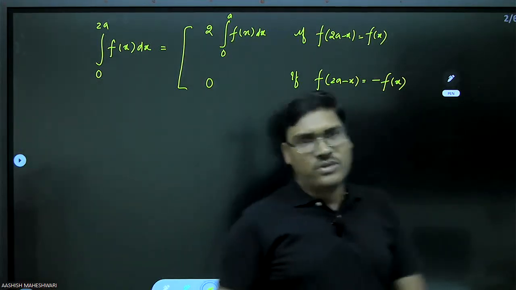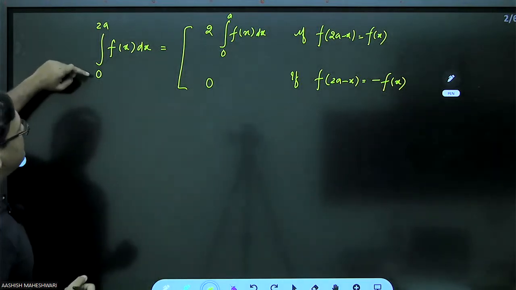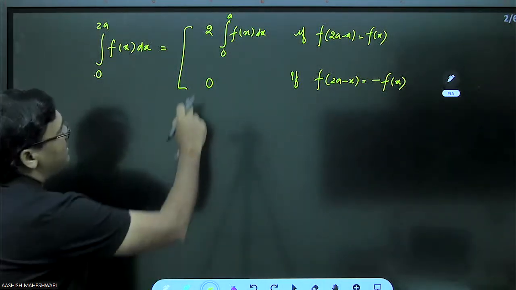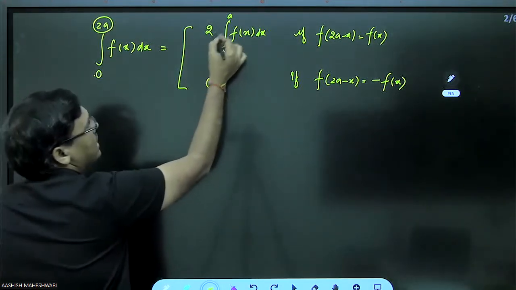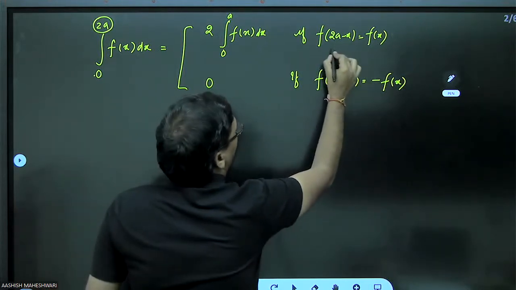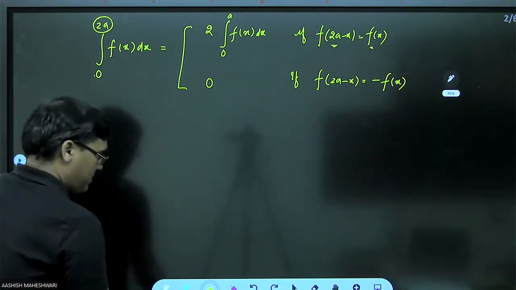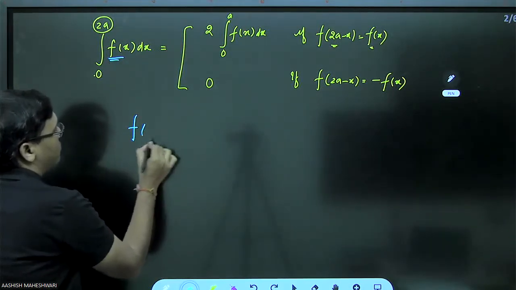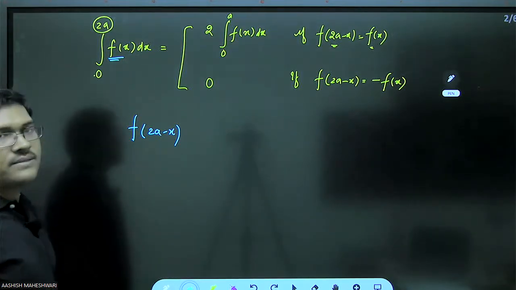Now what is this property? First understand this. If you have the integral from 0 to 2a, this can be written as 2 times the integral from 0 to a, because I can take this limit and halve it. This is only if f(2a minus x) is equal to f(x). So if you have any function, you just check what f(2a minus x) is.